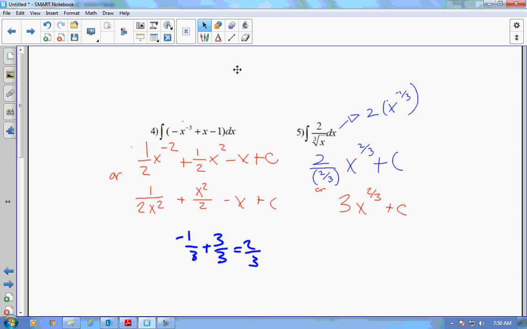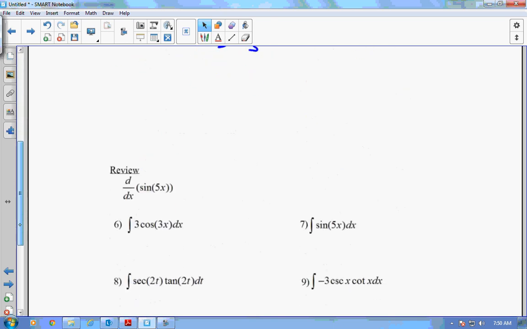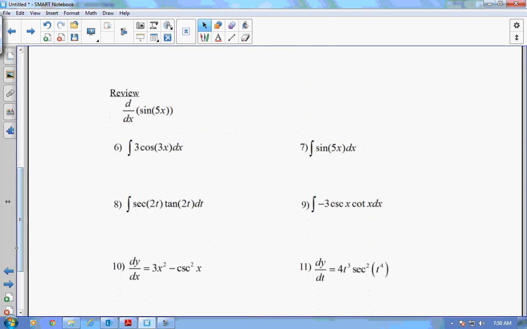Okay, well now we're going to learn how to find the antiderivative of a chain rule. It's not too bad. It's just like you're undoing the chain. So first, you're going to do a chain. Take the derivative of sine of 5x, which requires chain rule, right?